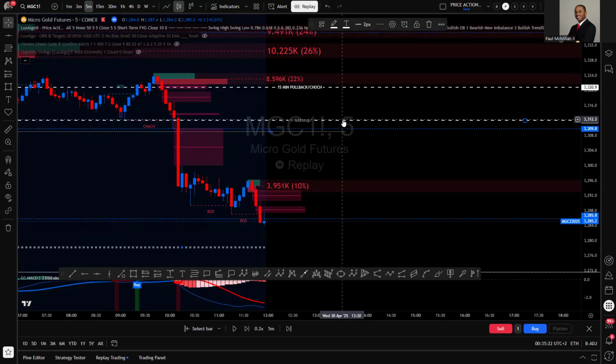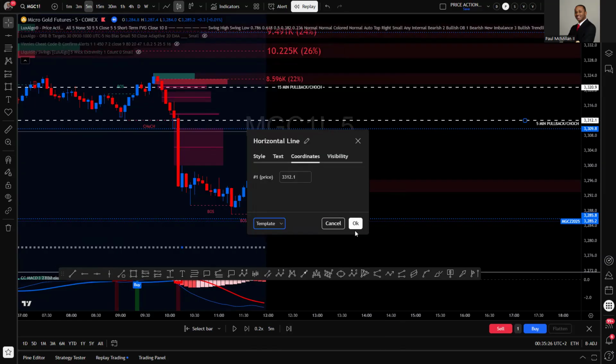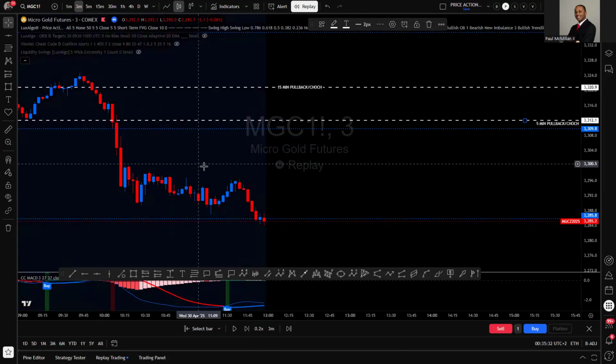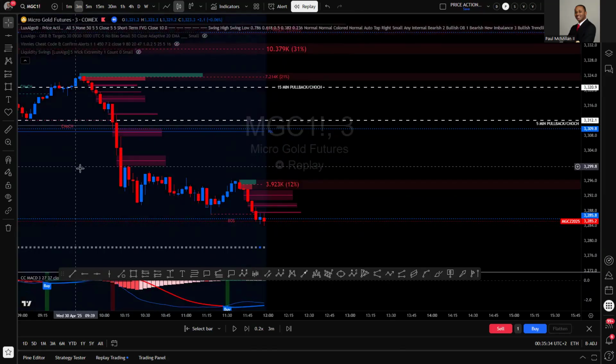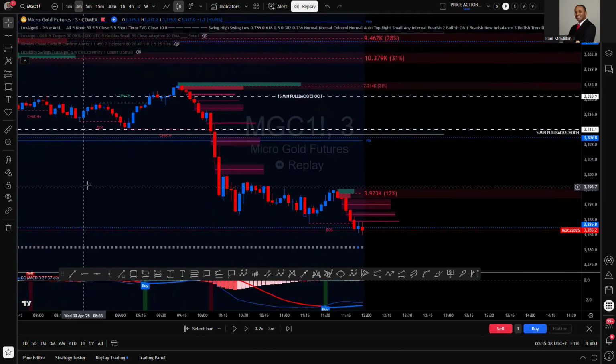That's 11. Pull back 11, right. Go to the 3-minute, so do the closest thing.